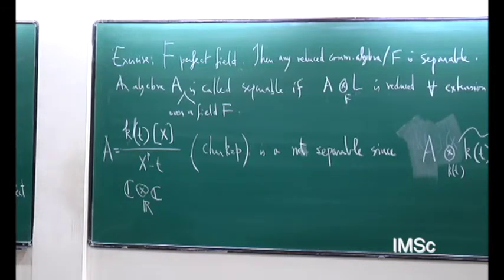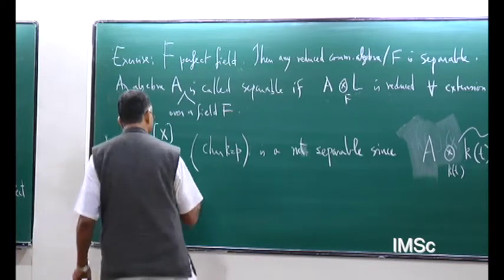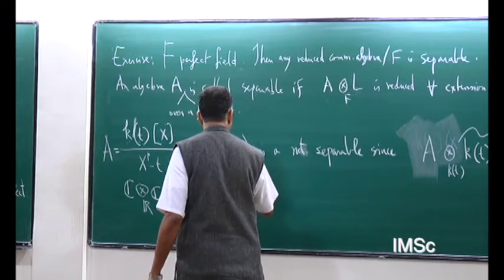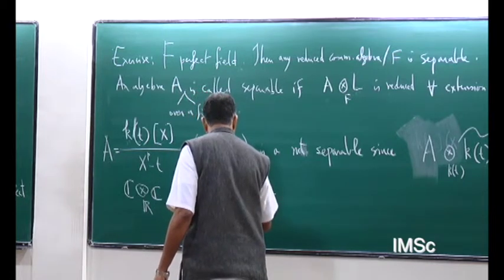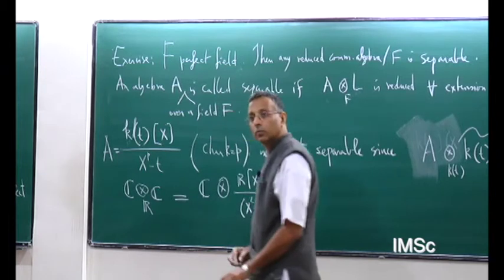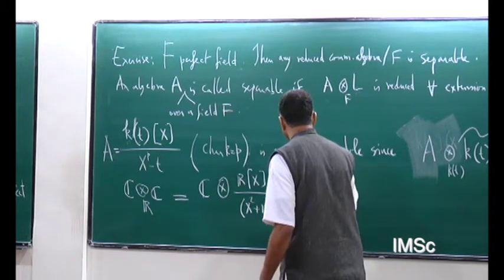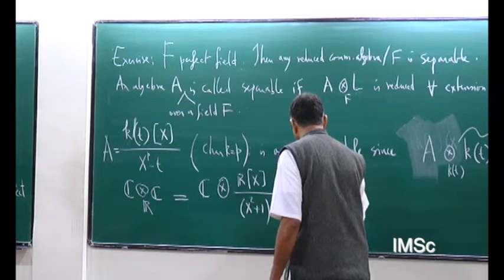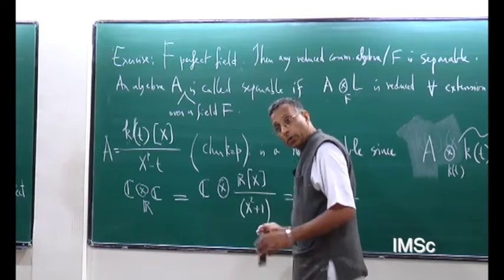The way you can analyze this is by putting this, and that will become C[x] over x squared plus 1. Now this is not a domain anymore.